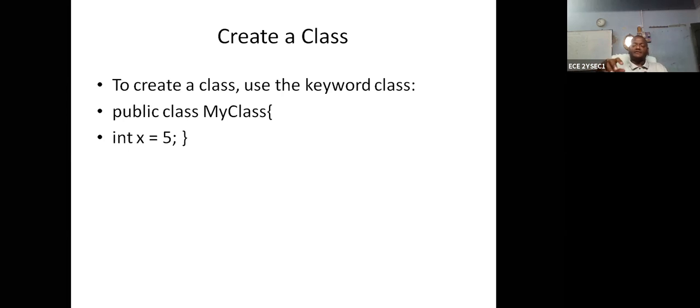In the class, you can create any number of objects. Banana is different, apple is different. What is the physical meaning? Don't write banana and apple in the examination. These different types of fruits or objects come under the Fruit class.